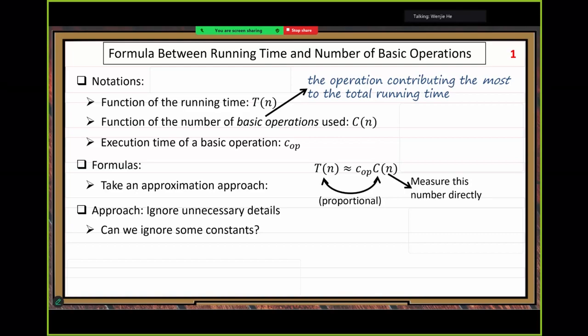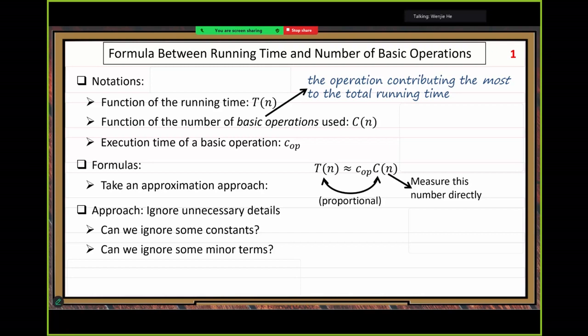For example, this little c constant is not very important. Later we can also ignore some minor terms, because when our C function is a polynomial, there are many terms.